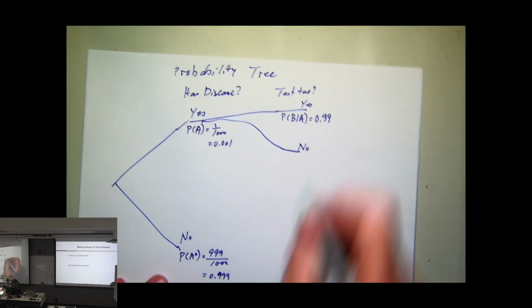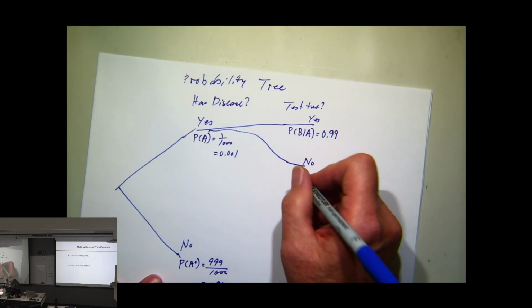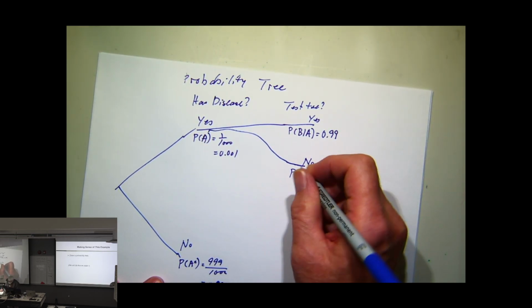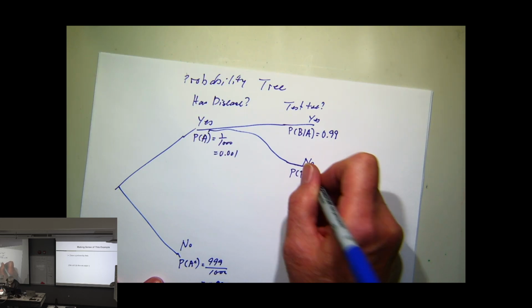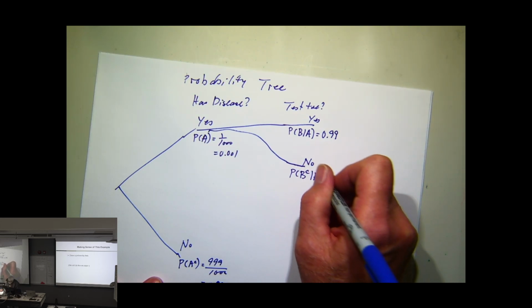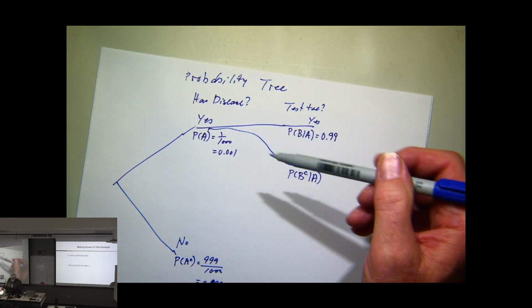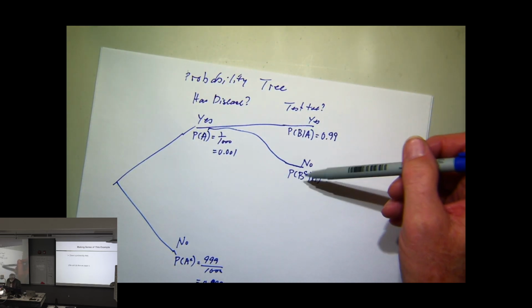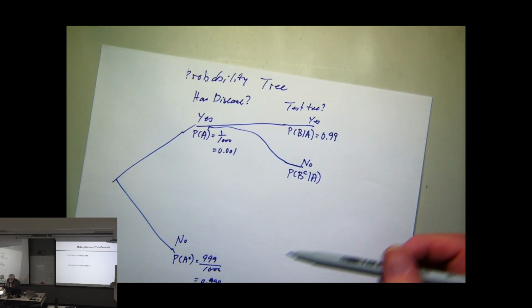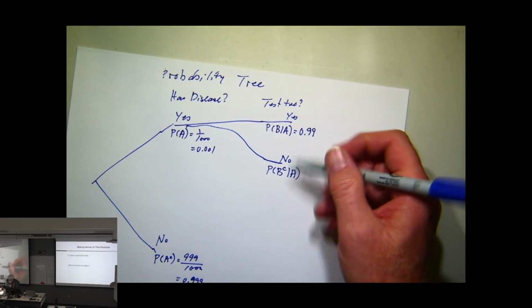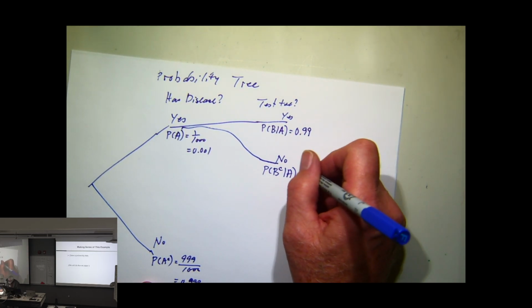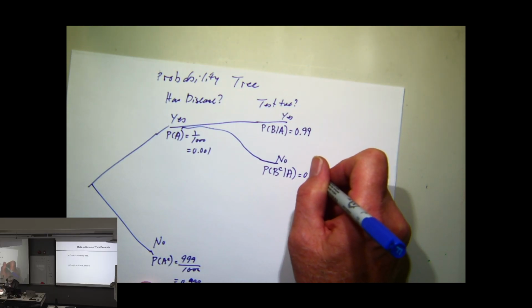And so if we know that, we also know the probability of testing negative, given the person has the disease. The probability of B given A and B complement given A are in fact complements. And so this is 0.01.